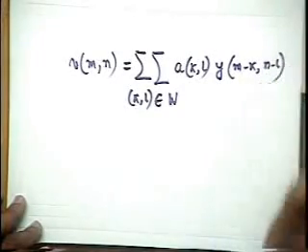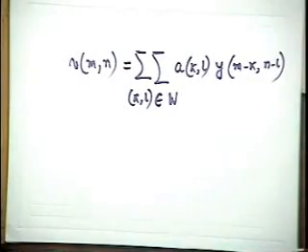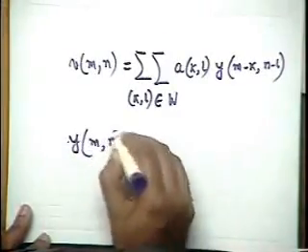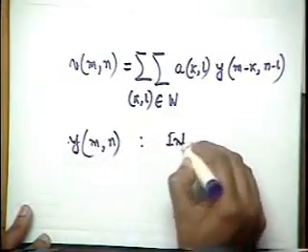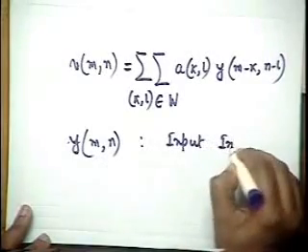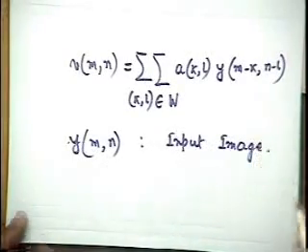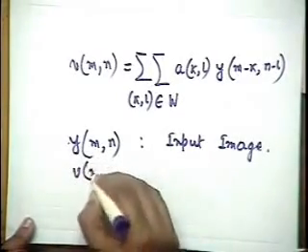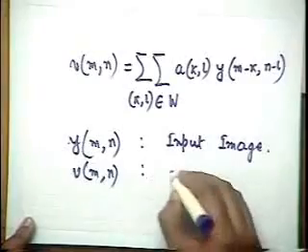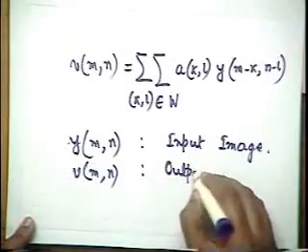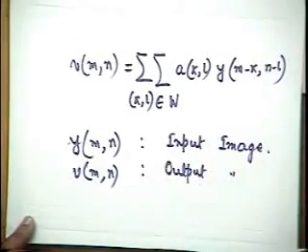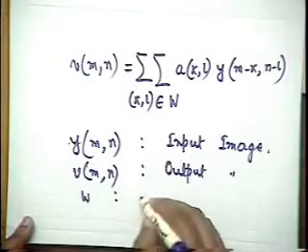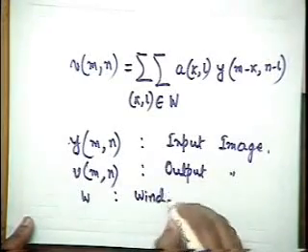Rather, what I am trying to do is that I take y(m,n) as the input image, and I take, which I have already said, v(m,n) as the output image. W is a window, or rather a neighborhood region.